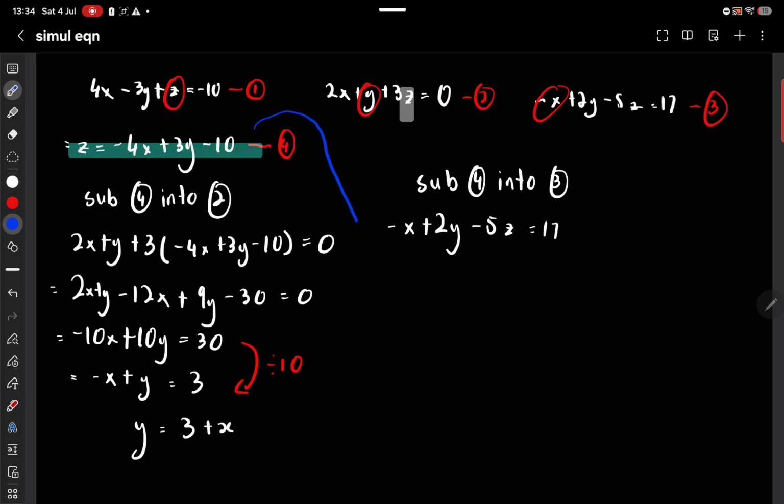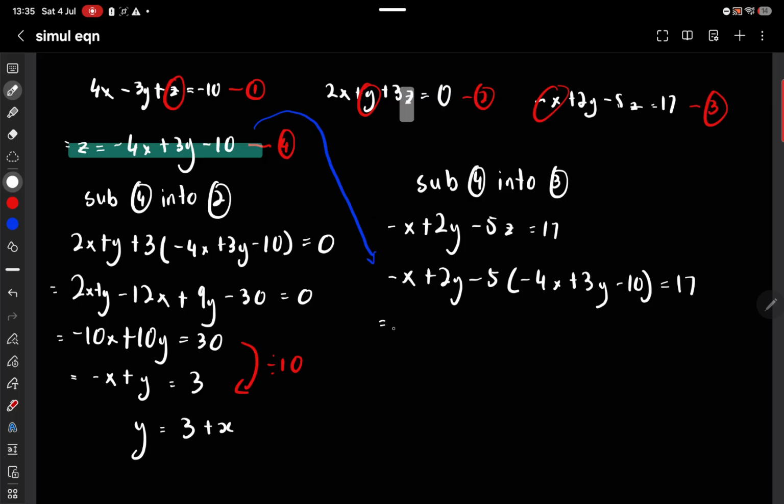So essentially, negative x plus 2y minus 5, and we insert that value, negative 4x plus 3y minus 10, equals 17.